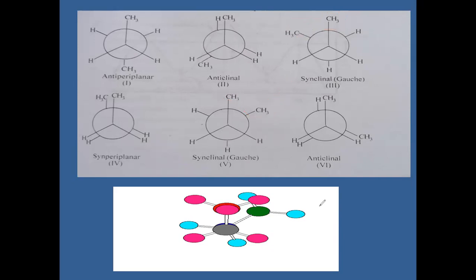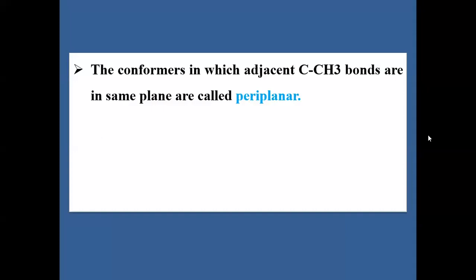Now first we're going to study why these are called anti form, syn form, clinal form and periplanar form. Now the conformation in which adjacent C-CH3 bonds are in the same plane is called periplanar.